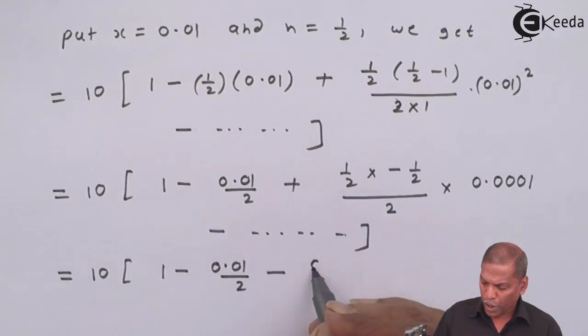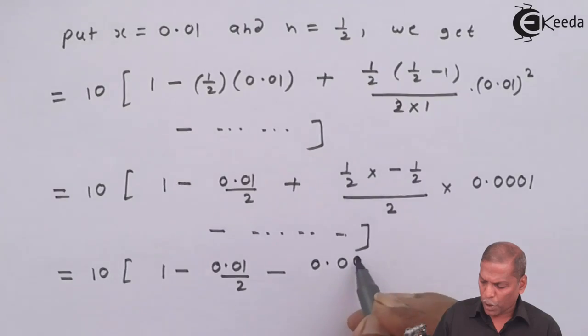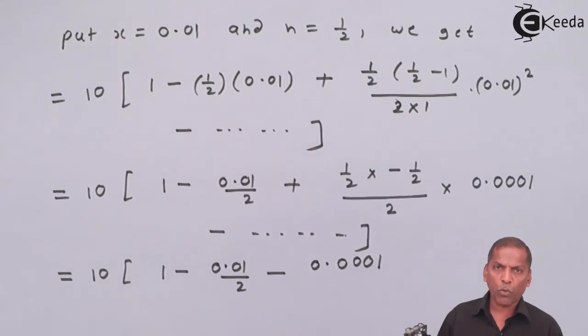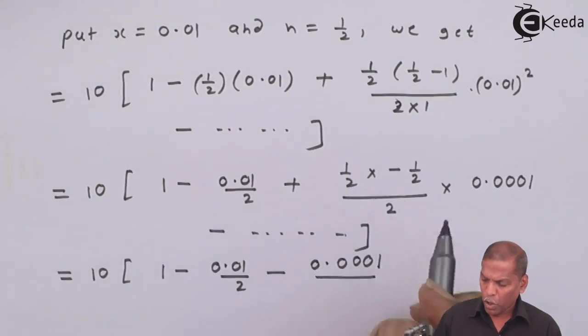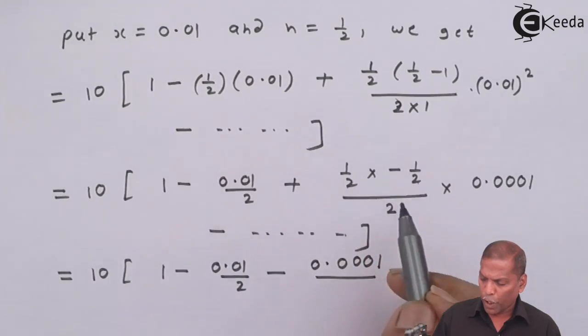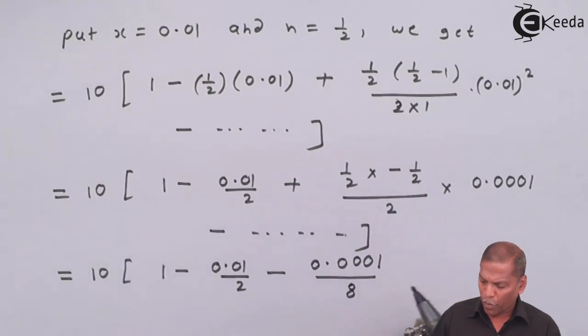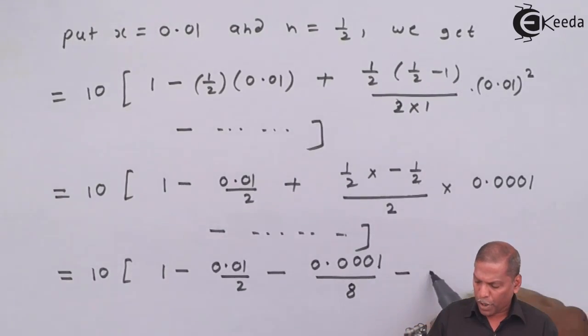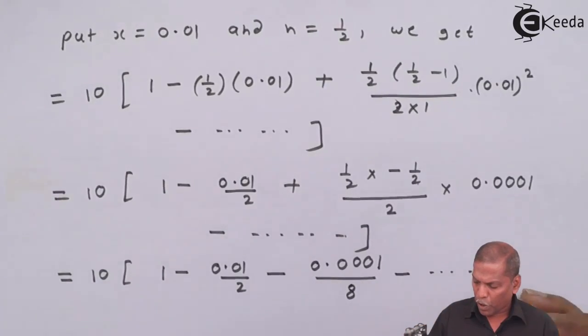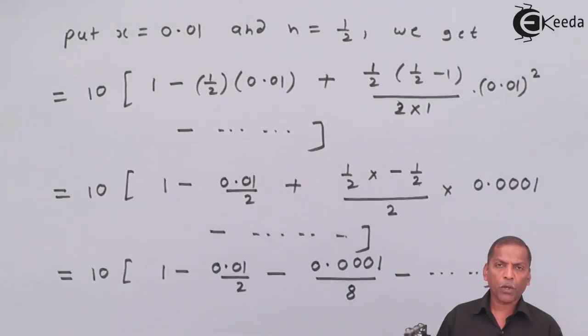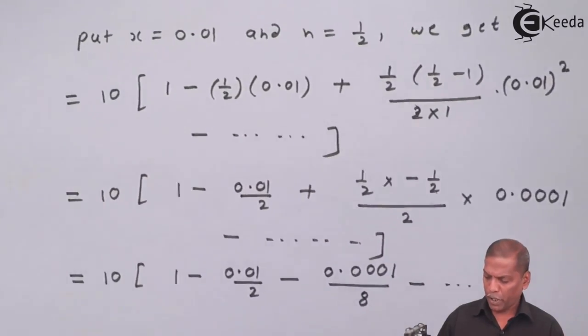So that gives us 0.0001 in the numerator upon 2 into 2 is 4, into 2 is 8 in the denominator, and then minus, it is going on, and finally the square bracket is completed.